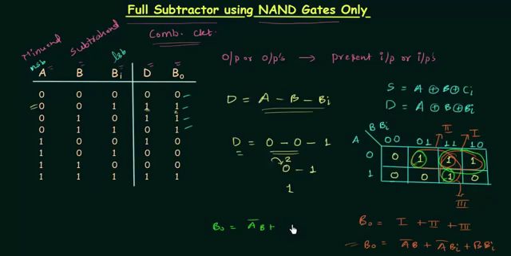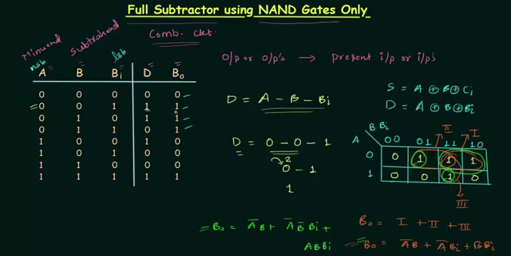That will give us A complement B complement BI, and this one will give us A and B and BI. Instead of using the earlier expression for the borrow output, we will use this expression.